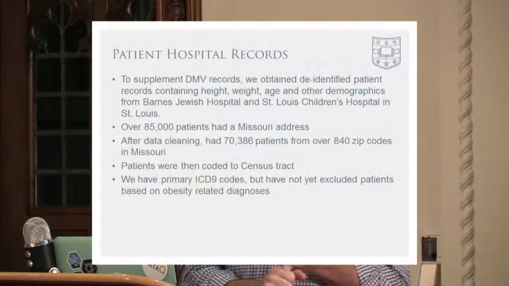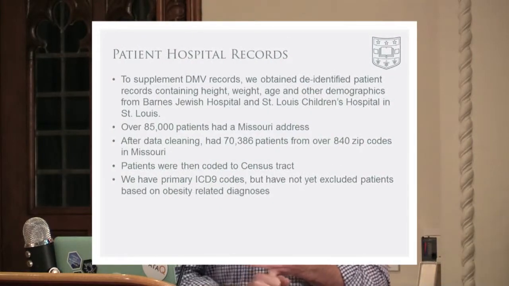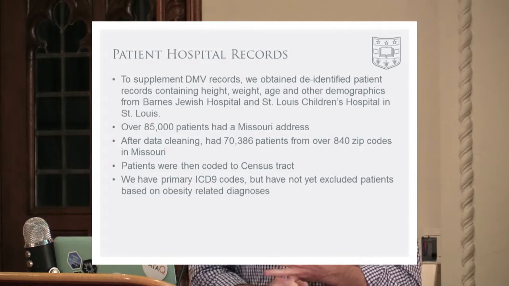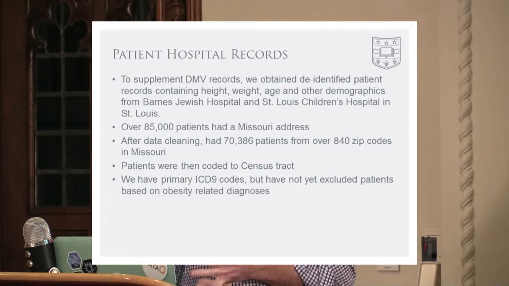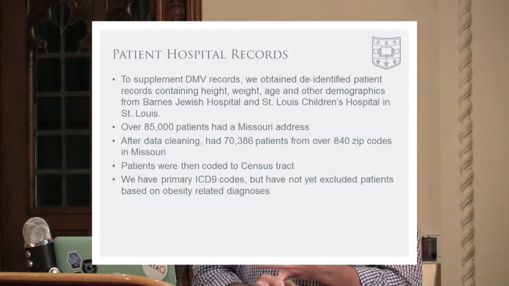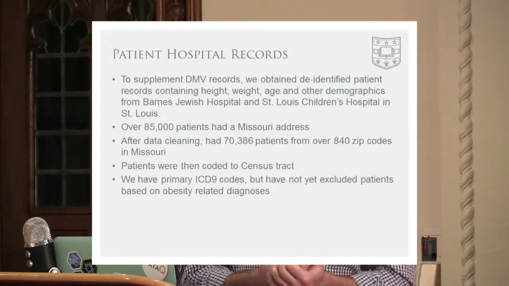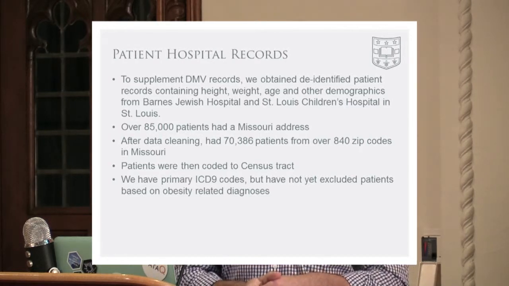And so I'll just switch quickly to the patient hospital records that I was able to obtain from Barnes-Jewish and St. Louis Children's Hospital. I obtained over 85,000 patients. I think I asked for the last couple of years, so it was a pretty robust data set as well. I have not had enough time at this point to really dive into it as much as I would like to.